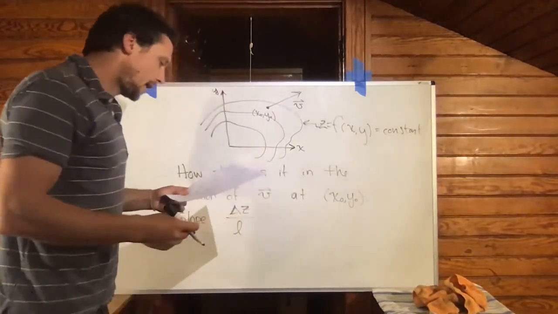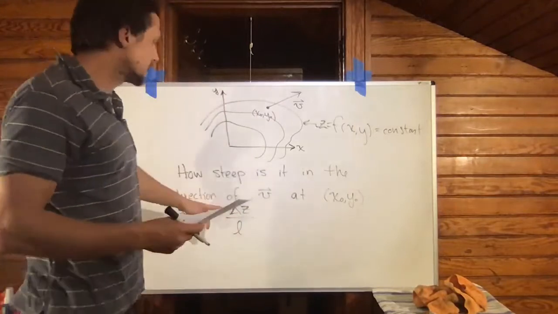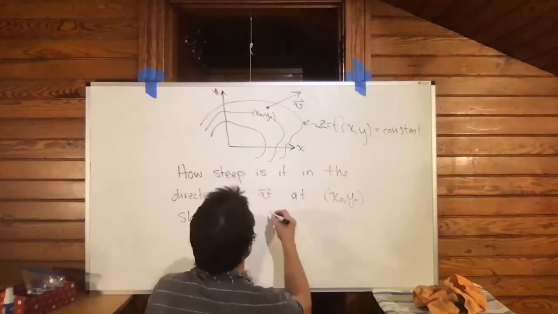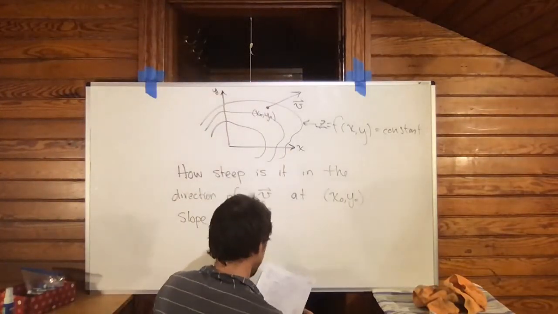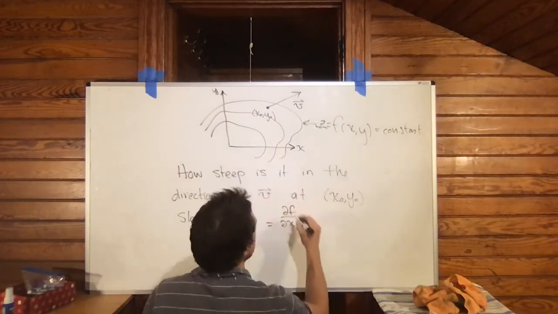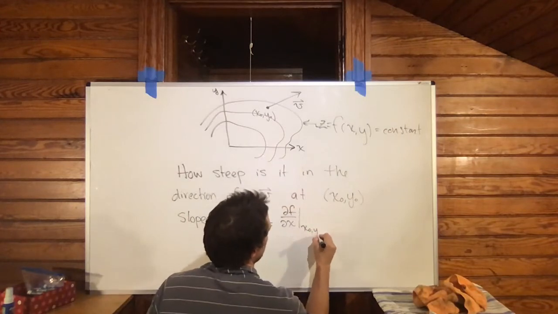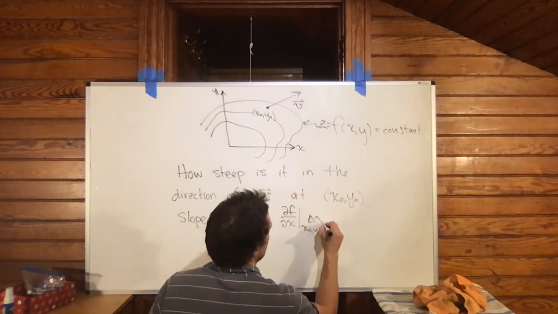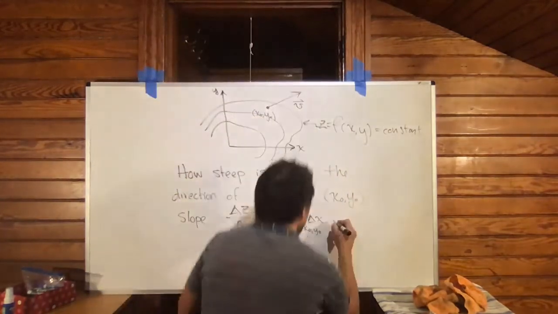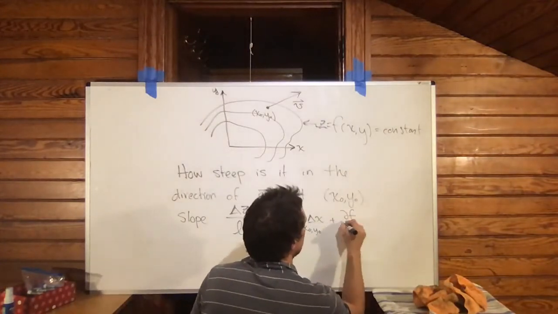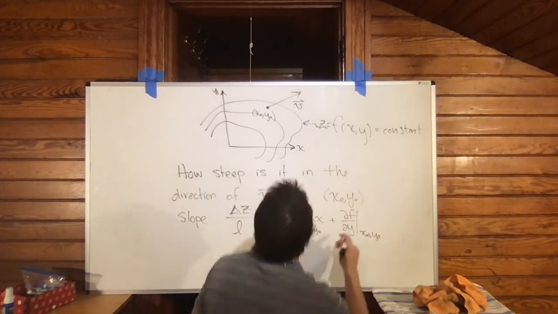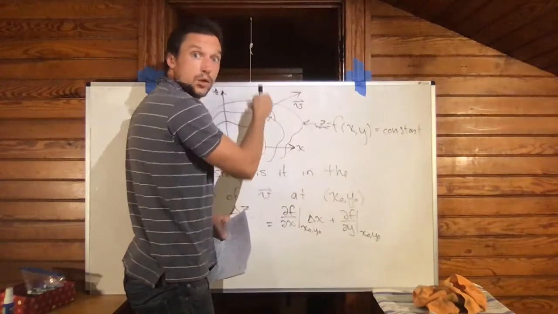All right, and so what we did last time was we used linearization to find the delta z. And we said that that was equal to the partial derivative with respect to x at this point times the size of the step we make in the x direction, plus the partial derivative with respect to y at that point times the size of the step we make in the y direction.